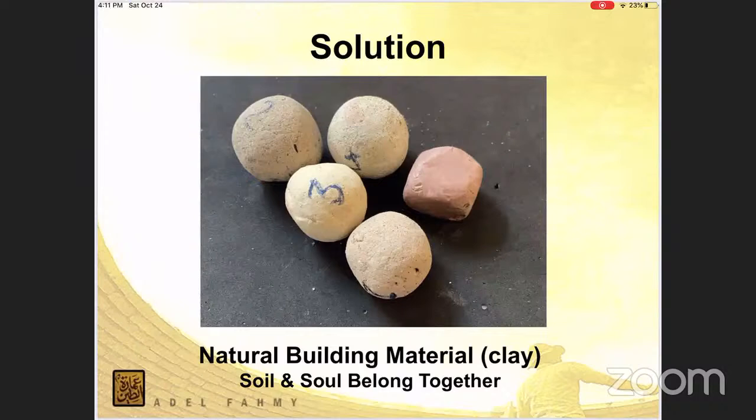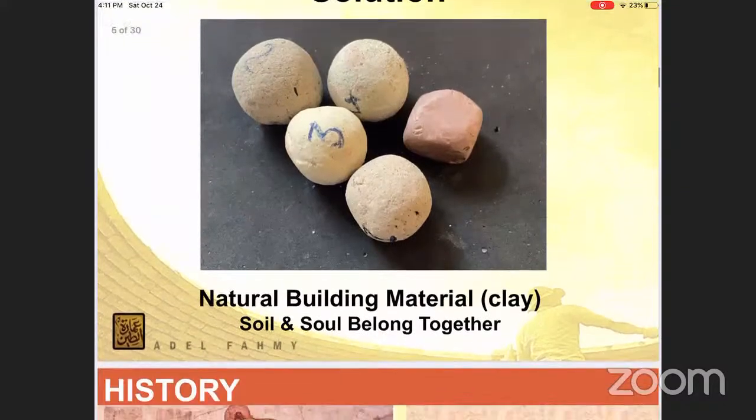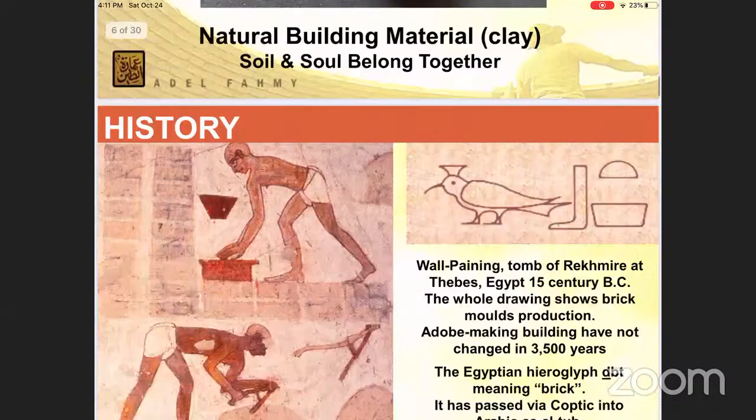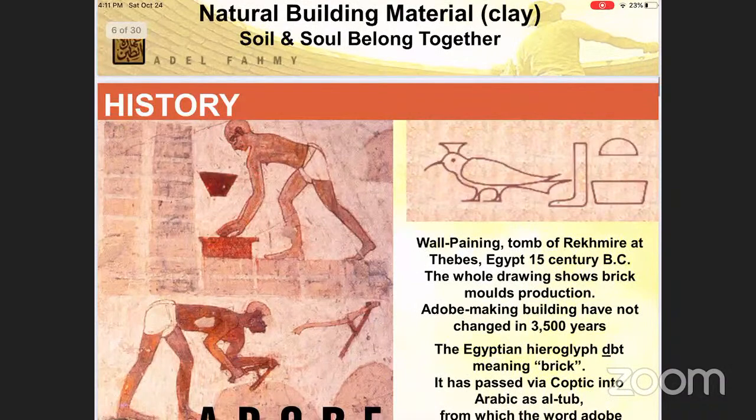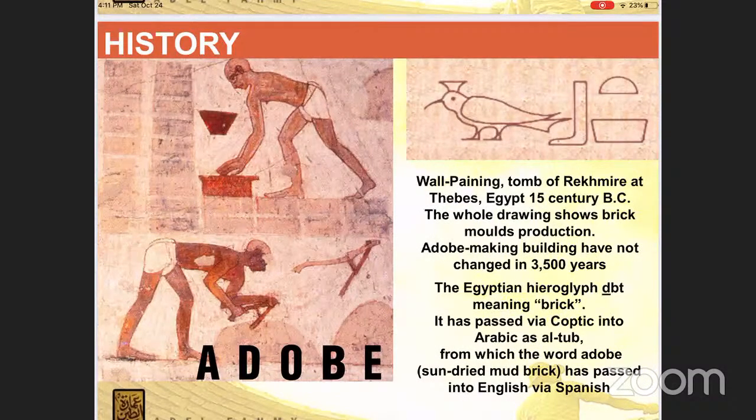It can be used very well in architecture. We love clay, and we say soil and soul belong together. So we have a long history with clay. Even the old Egyptian pharaohs teach us how to use clay in building.